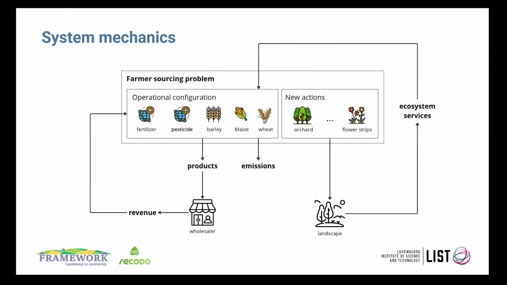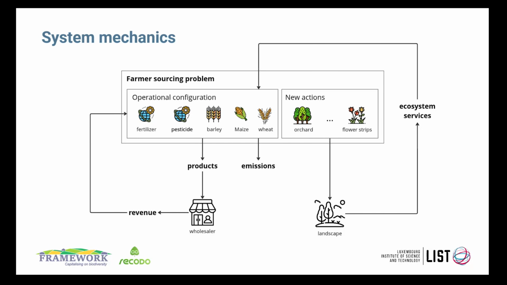Once the farmer joins a cluster, through communication and interaction in the social network, the farmer expands the decision space to consider new alternatives, such as planted orchards or flower strips or any other action that we want to simulate. And this is precisely what the model is about. We want to understand what are the consequences of introducing new actions into the farmer decision space.